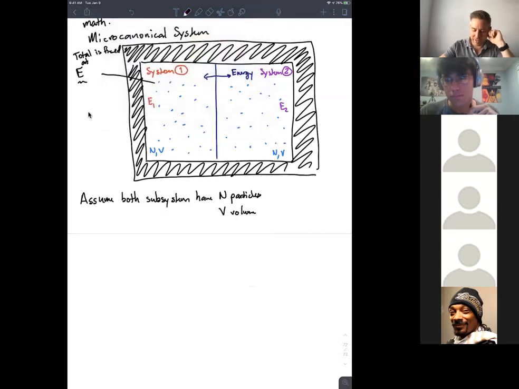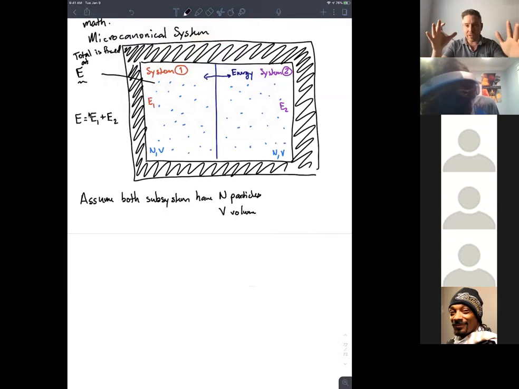Because the system is microcanonical, the sum of those two energies has to add up to this fixed constant value. So E1 plus E2 has to add up to E. But E1 and E2 can fluctuate. E1 can have a lot of energy, E2 can have a lot of energy. These are allowed to swap energy between one another, so only the total of the two is fixed.